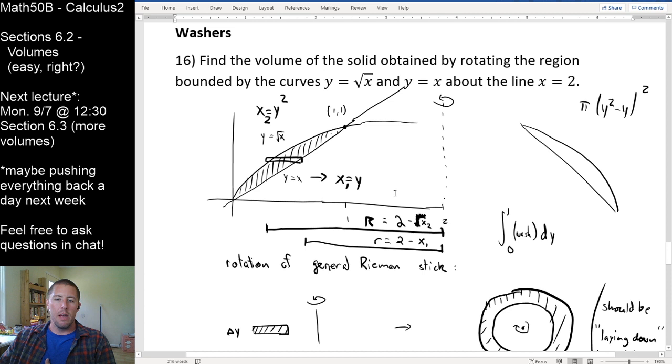So the axis of rotation being vertical tells me a dy integral. The fact that my two-dimensional region of interest did not touch the axis of rotation is what told me this was going to be a washer with a hole in the middle, versus a solid disk with no hole, as compared to the previous three examples.